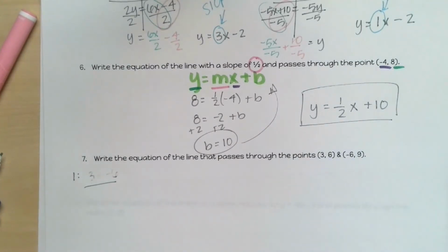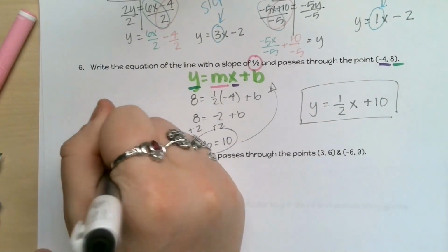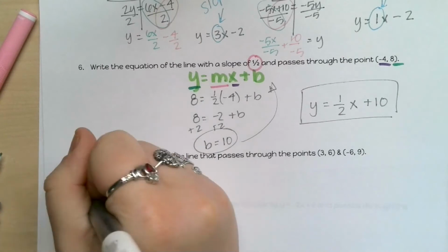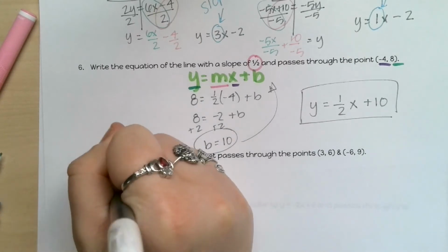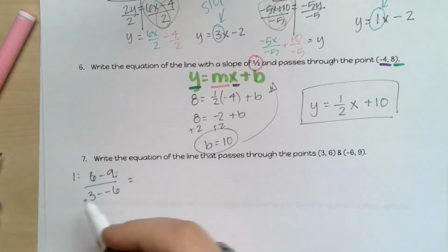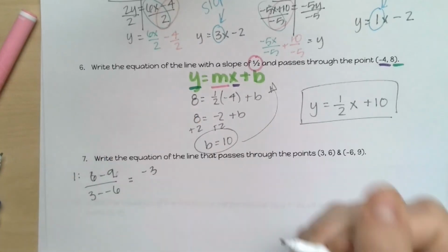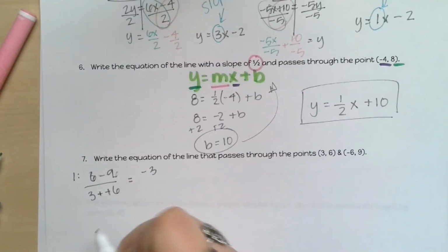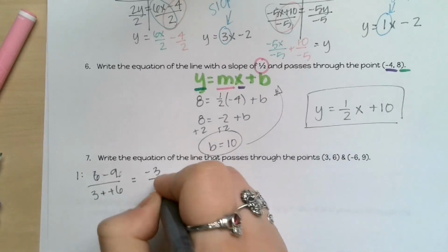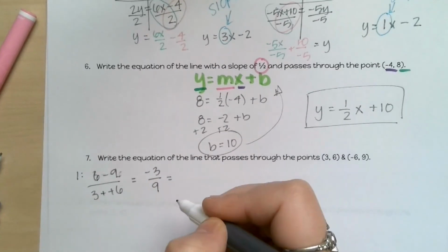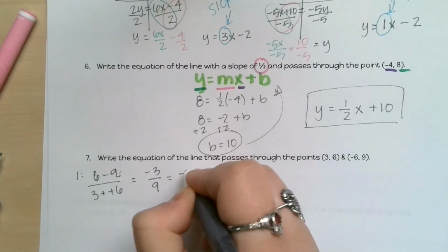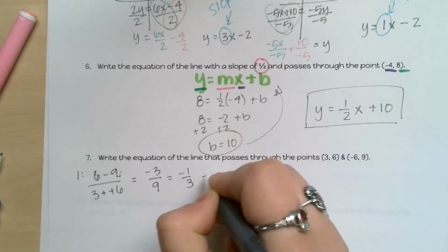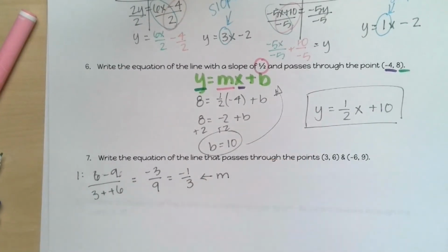We actually do 6 minus 9 up top, 3 minus negative 6 on the bottom. 6 minus 9 gives us negative 3. 3 minus negative 6 is the same thing as 3 plus 6, which gives us 9. Negative 3 divided by 9 leaves us with a negative 1/3.